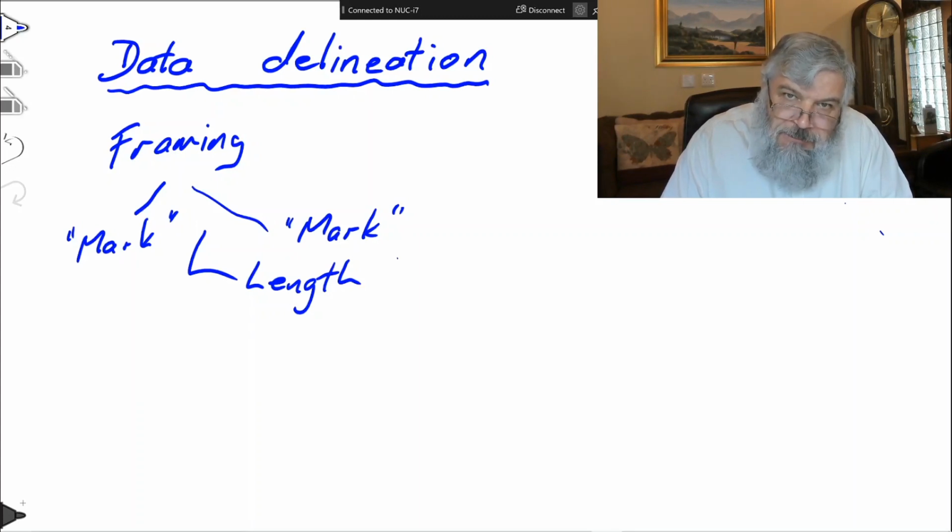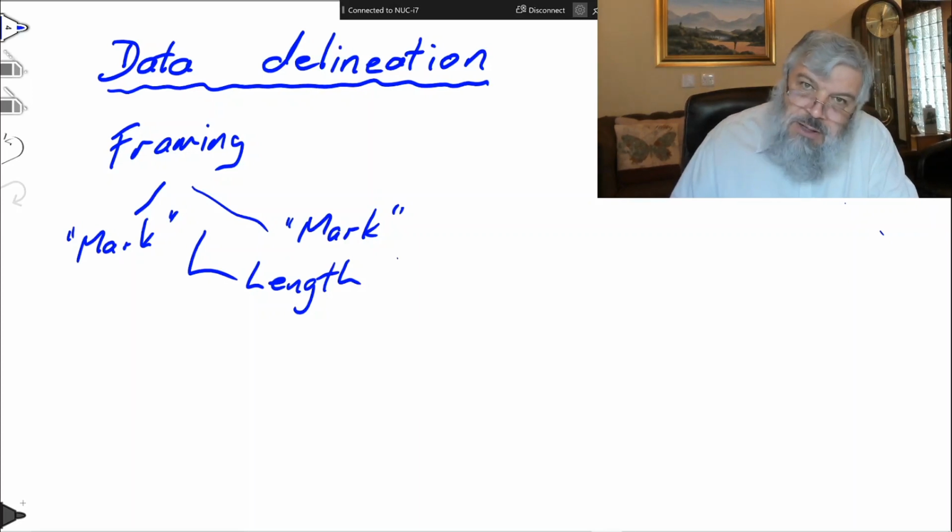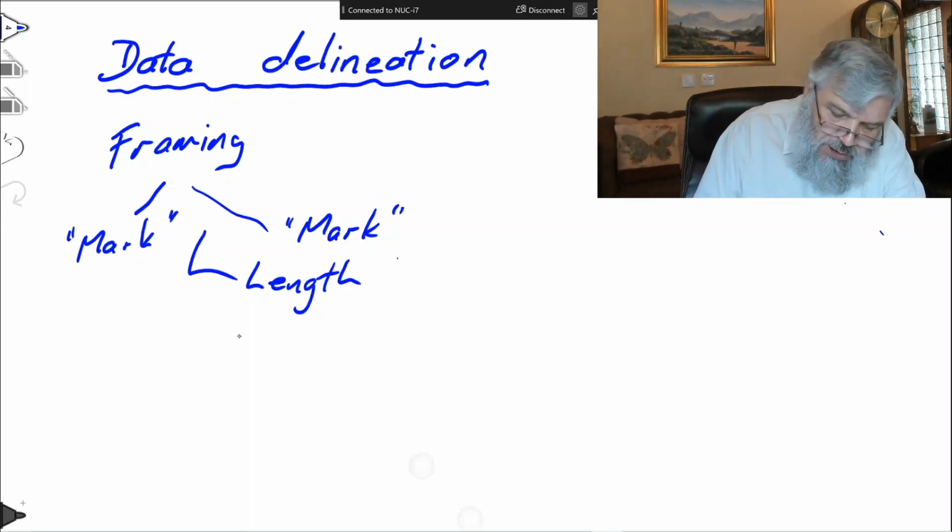In terms of the frame itself, the frame probably consists of fields, and we also need to distinguish where they are. We need to identify where they are. And there are a couple of options that exist for those.